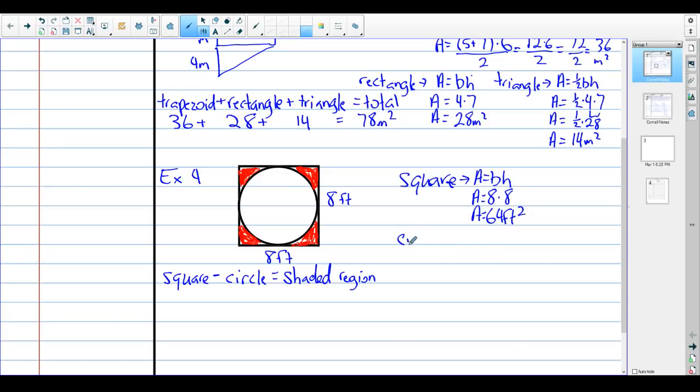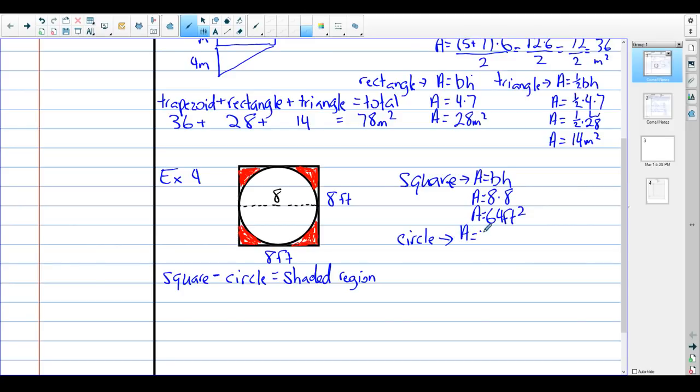Then we have our circle, which is not labeled at all. But if it's 8 across the square, and our circle is the same size as our square, that means going all the way across the circle is also 8 feet, which means it has a diameter of 8 feet, and a radius of 4 feet.